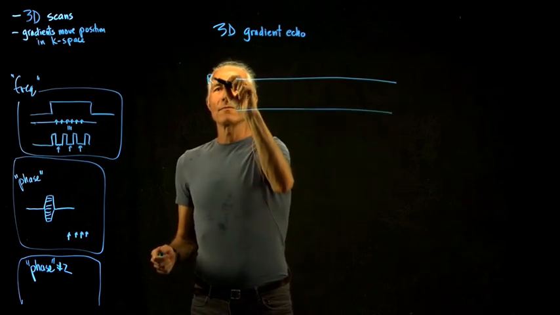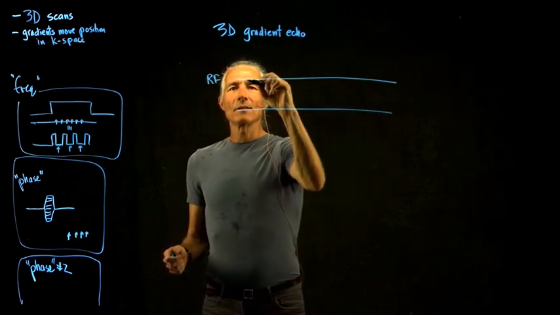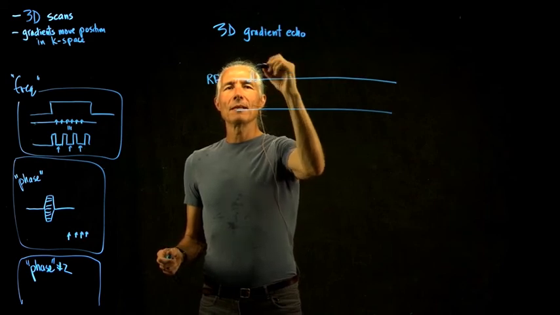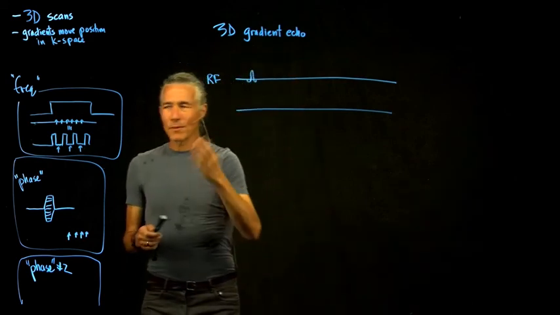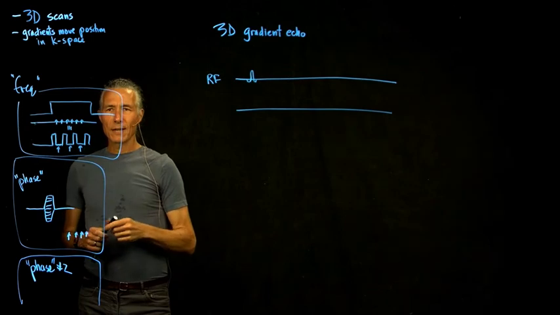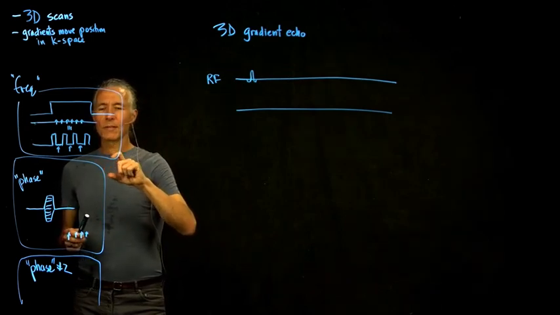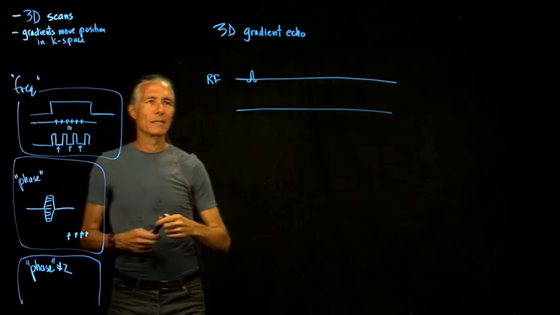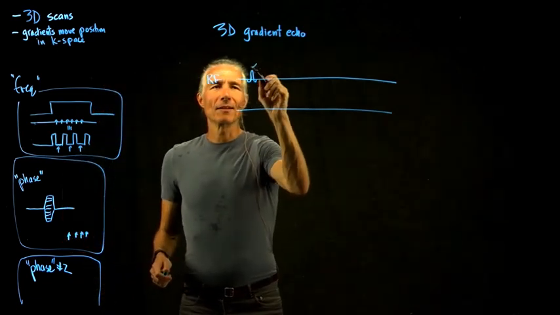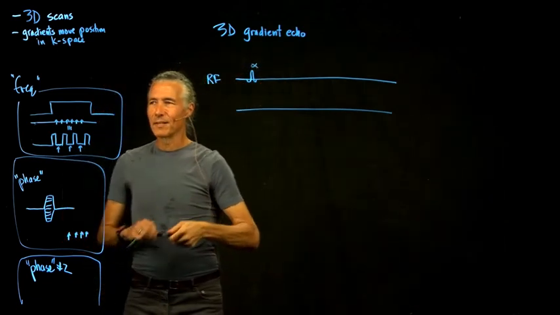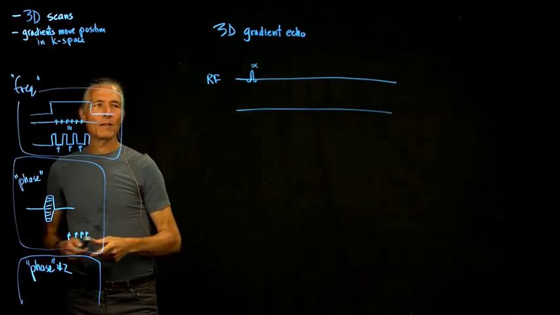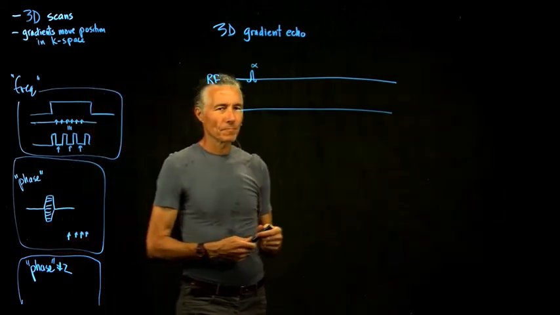Here's the RF. Especially with a 3D sequence, the RF might be a very low flip angle so that we don't lose longitudinal magnetization. We'll call that an alpha pulse, meaning it's not 90, it's some small flip angle.